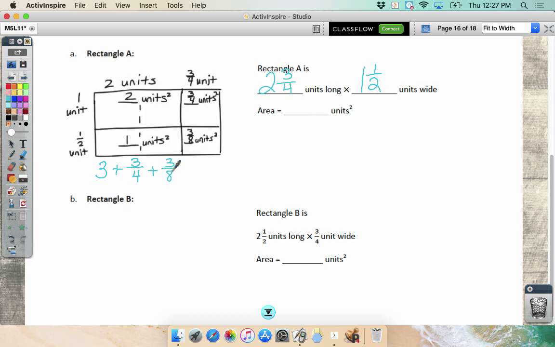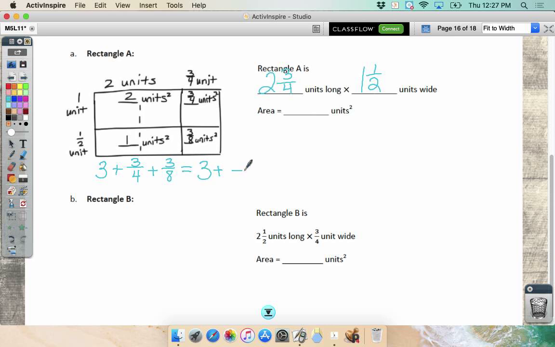Now, this is taking a walk down memory lane. When I add fractions with unlike denominators, what do I have to do? Find a like denominator. Okay, so I've got to find like denominators.